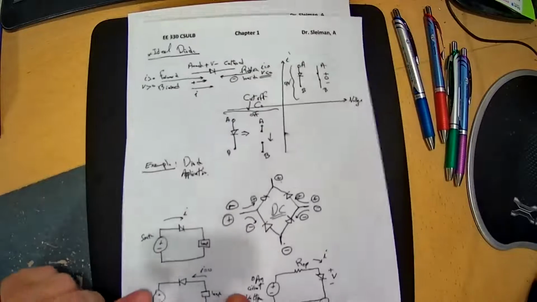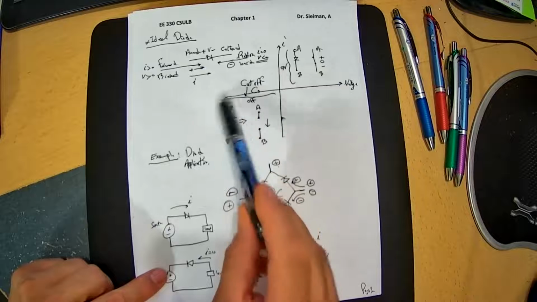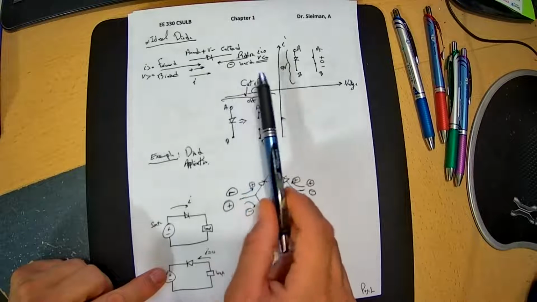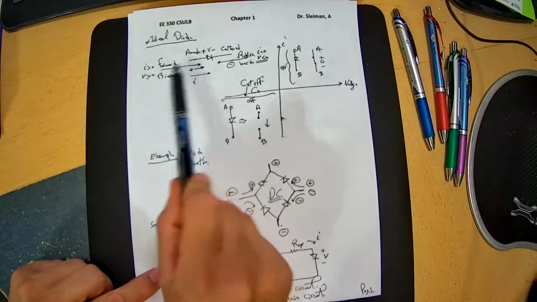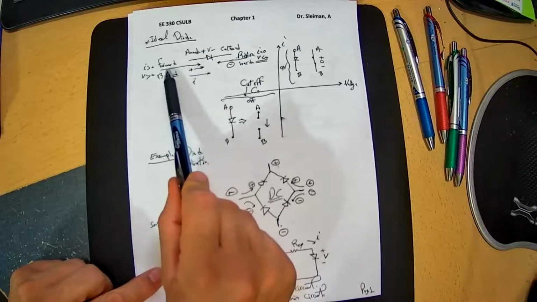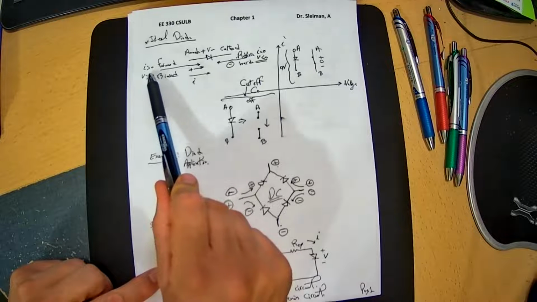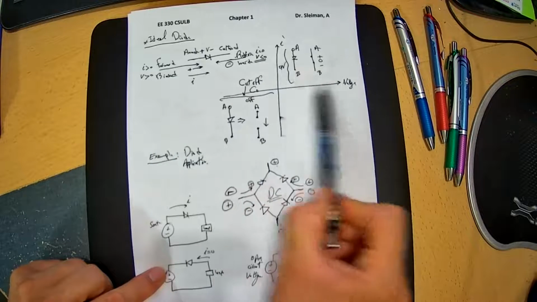Let's recap. An ideal diode is a two-terminal device designed to conduct current in one direction only. When it's conducting from this direction, that's forward bias. That means the current is greater than 0 and the voltage is on the positive side.